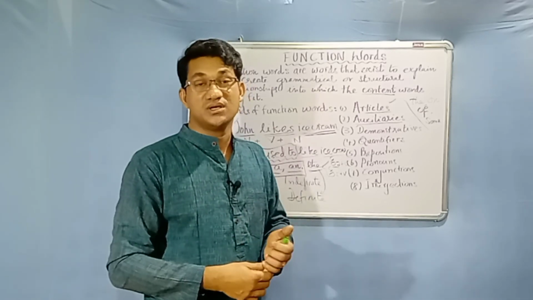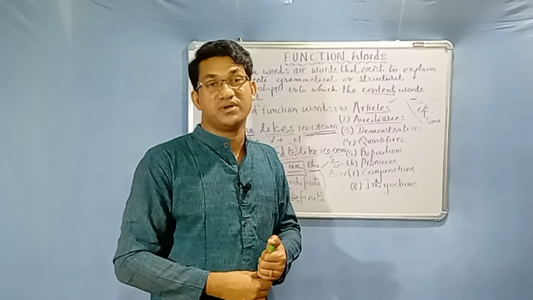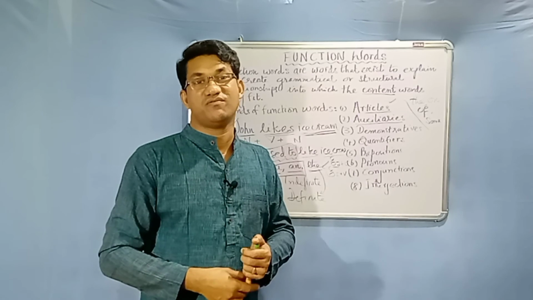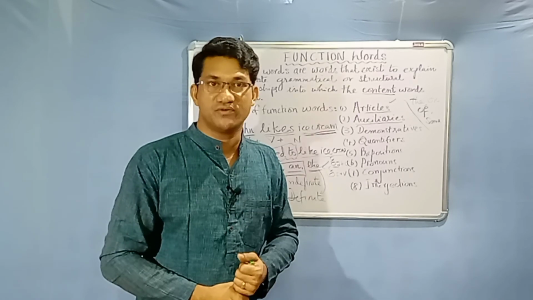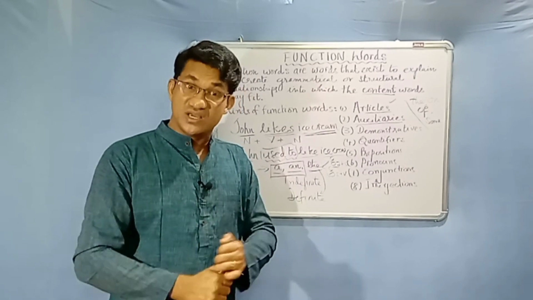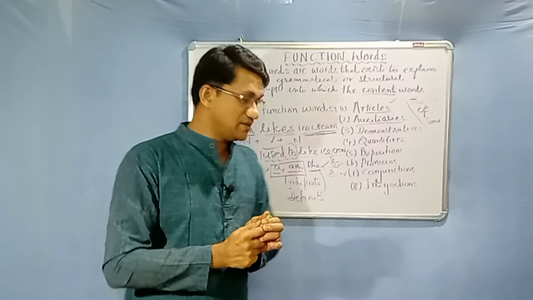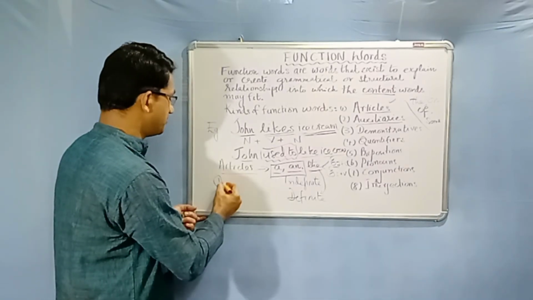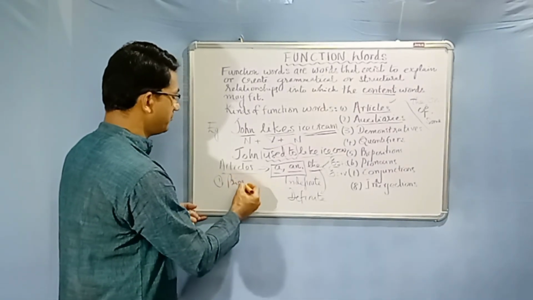In all these contexts, we depend on function words, especially the category of function words known as auxiliary verbs, which are also known as helping verbs. And we have to understand there are 3 types of auxiliary verbs. Number 1, primary auxiliary verbs.